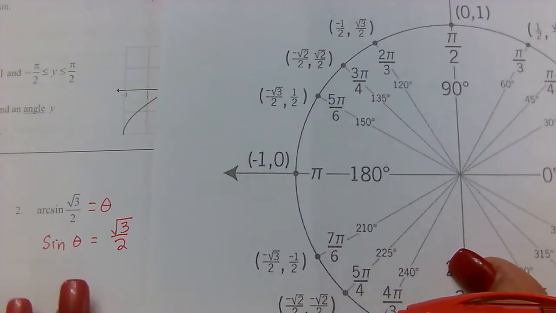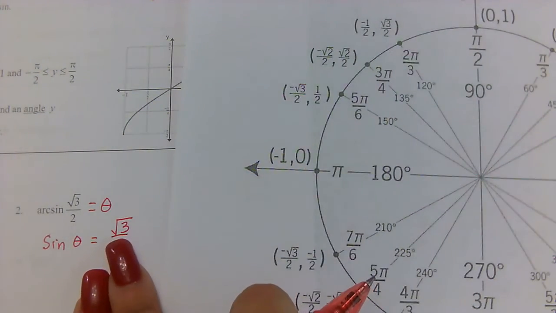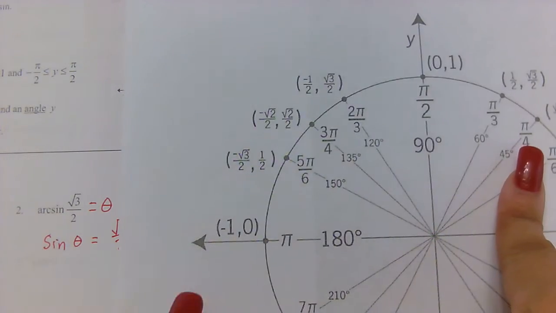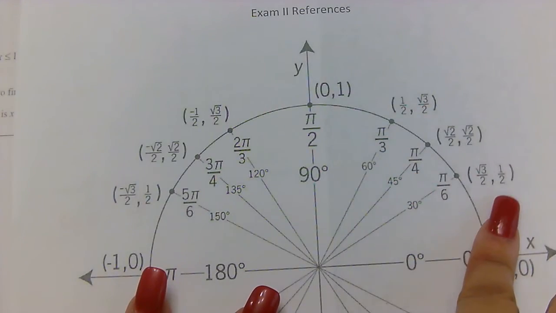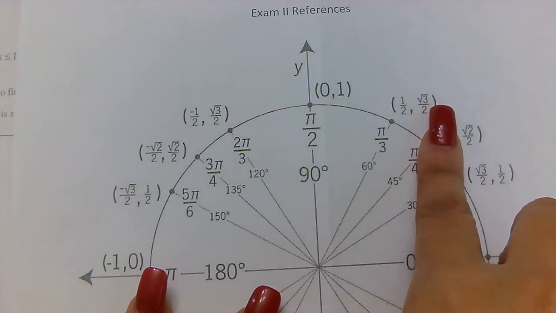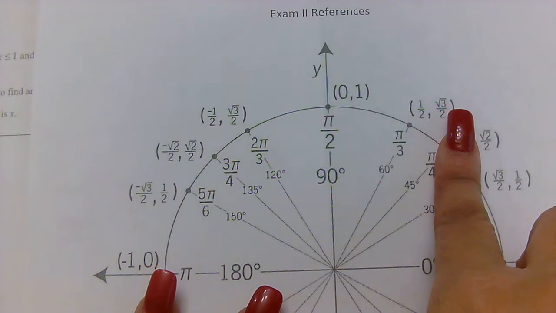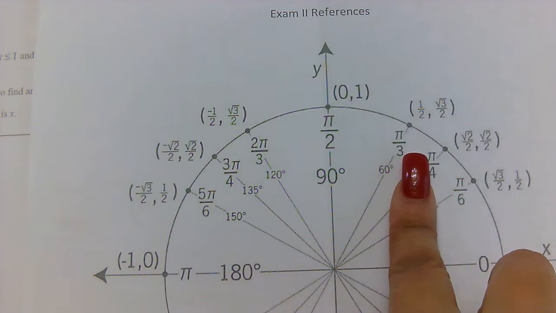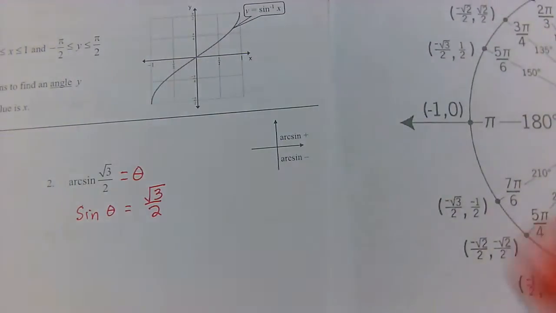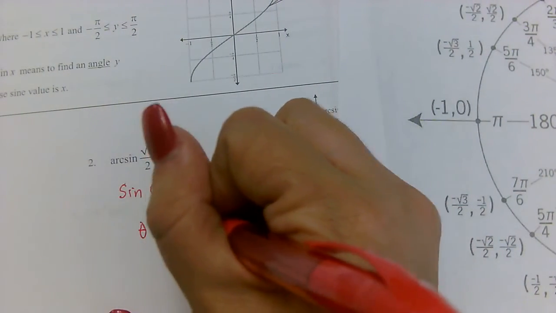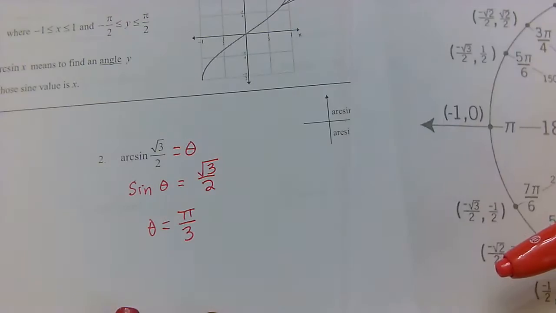So what I'm going to do here is saying, okay, sine is positive. That means I have to be in quadrant 1. And I'm looking for a theta where sine is square root of 3 over 2. In this case, pi over 3. So theta will be pi over 3.